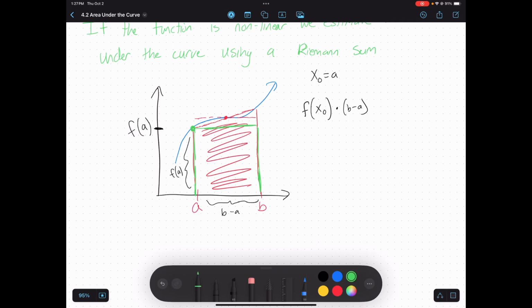Well, it turns out that another way I can make it more accurate is simply by making more rectangles. What do I mean by that? Instead of only picking one y value and going straight across, what if I picked two y values? And instead of only making one rectangle, I made two rectangles.